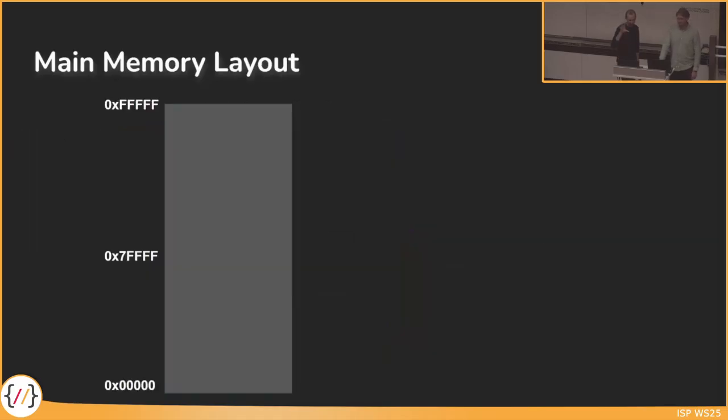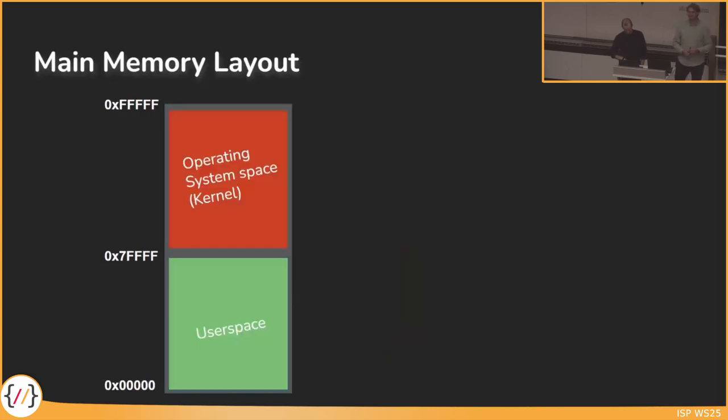Okay, so what is the memory layout of a RAM? We have 2 main segments inside. The first one belongs to the operating system. So everything of the addresses 0x7FFFF, so everything of 0x8 and above belongs to the operating system, so we cannot touch this as a user.